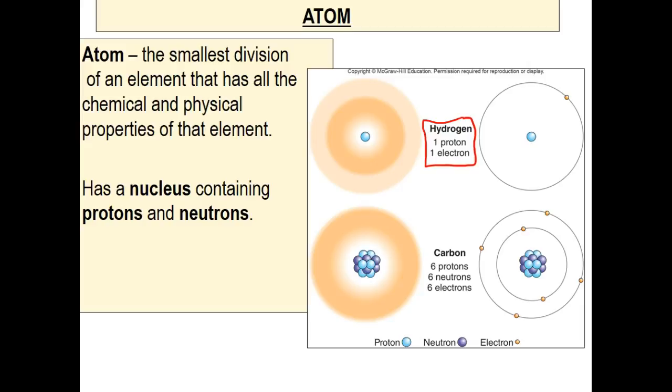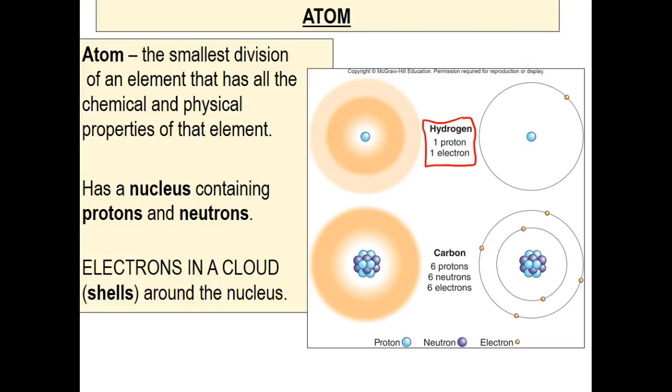It does not have any neutrons in its nucleus. And the electrons are in a cloud, which are shells surrounding the nucleus. You should know that the carbon nucleus has 6 protons and 6 neutrons, and the shells surrounding the carbon nucleus hold 6 electrons.